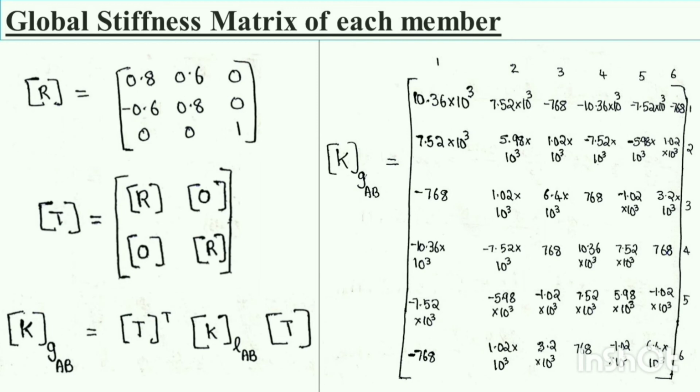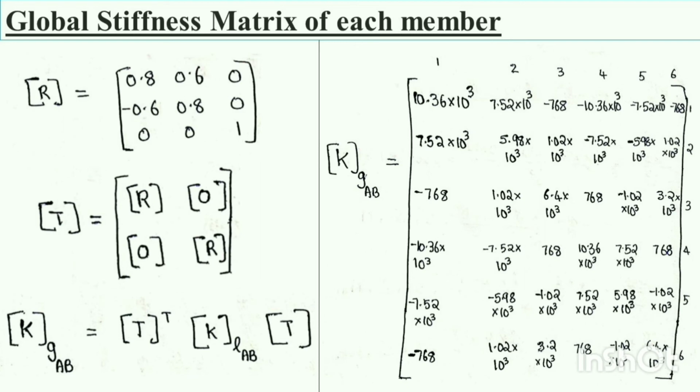Now KGAB, that is the global stiffness matrix of AB, is equal to T transpose into the local stiffness matrix of AB into T, that is T transpose KLAB into T. After multiplying these three matrices, we will get KGAB as shown in the figure.